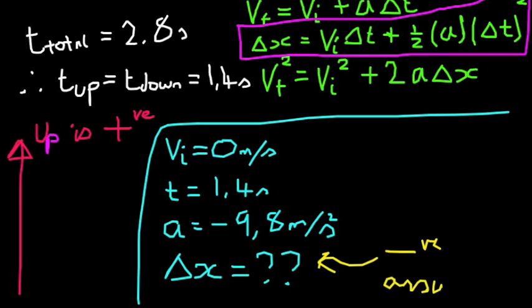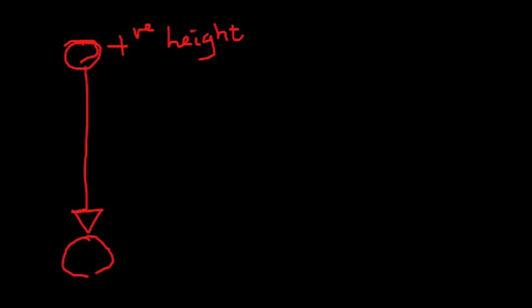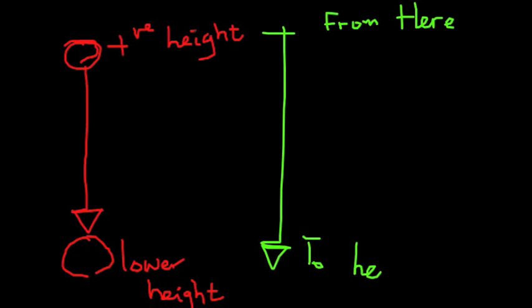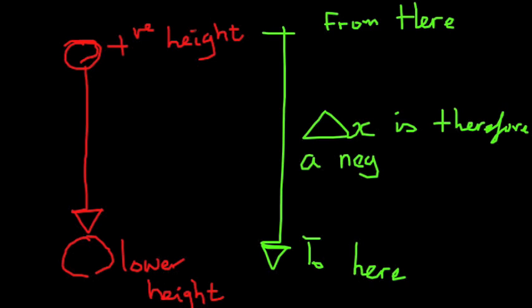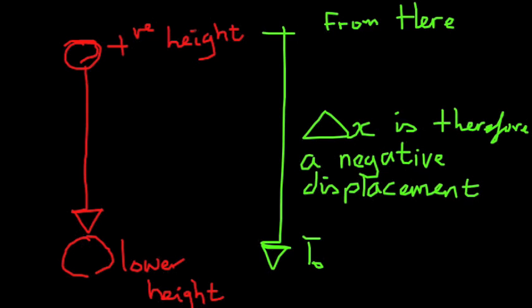Is it a problem that your answer is negative? Well, no. Remember that we're analyzing the stone as it falls, and therefore it starts from a positive height and ends up at a lower height. It therefore has undergone a negative change in height from the top to the bottom. So actually you have to expect a negative answer to be sure you're right.